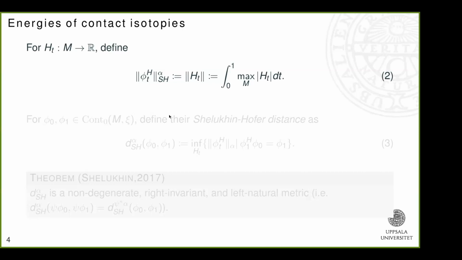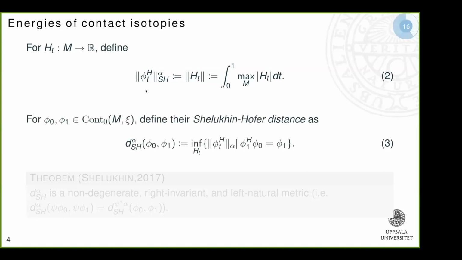So the Shelukhin-Hofer energy of a contact isotopy is defined as the integral over time of the maximum of the absolute value of the Hamiltonian, where H is the Hamiltonian which generates this contact isotopy. Using this notion of energy, we can define the distance between two contactomorphisms by minimizing the energy that is required to go from phi 0 to phi 1.